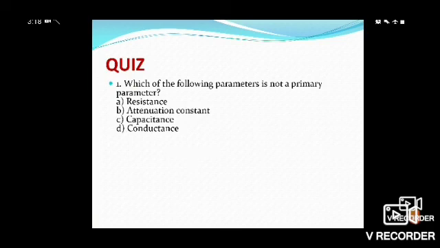The first option is resistance, the second option is attenuation constant, the third is capacitance, and the fourth one is conductance. So what is the correct answer? Please note this question.